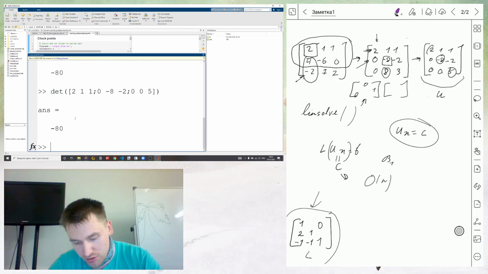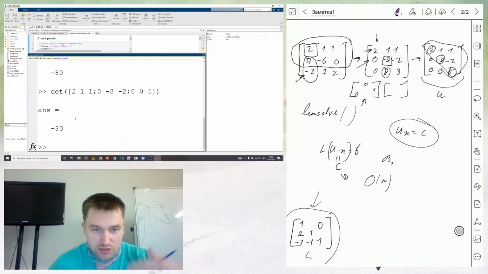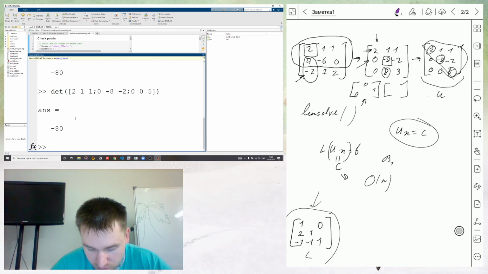So yes, in a triangular matrix, yes. So to sum up, the question was, when we have a triangular matrix, why can we take the coefficients on the main diagonal? It will be our determinant. So the answer is, when you write this down and try to solve it along the main diagonal, you will see that everything else disappears.